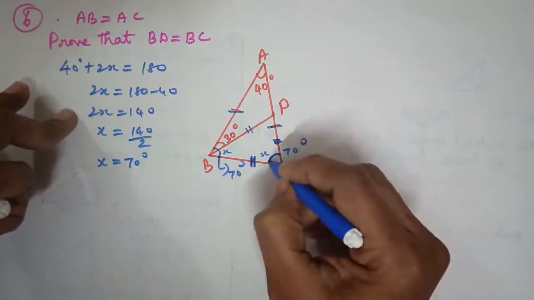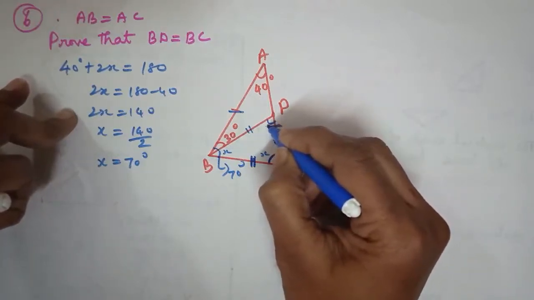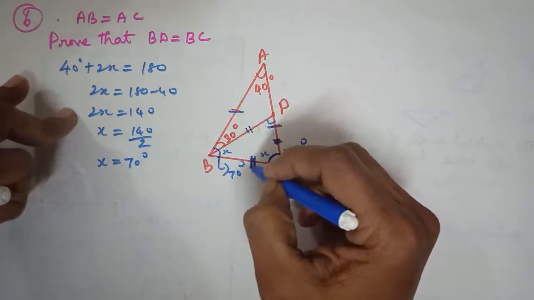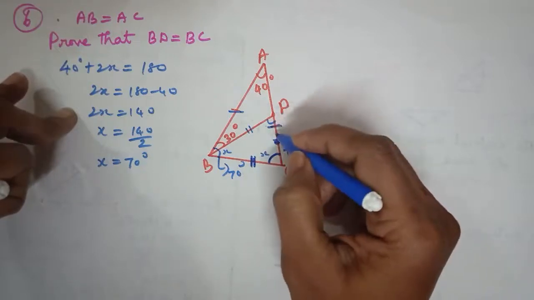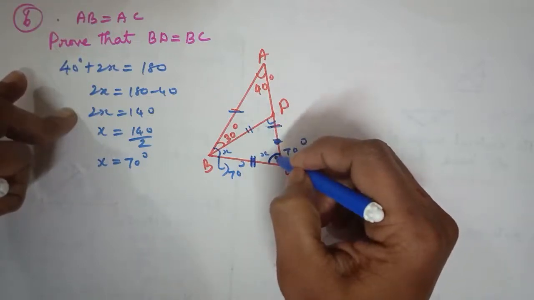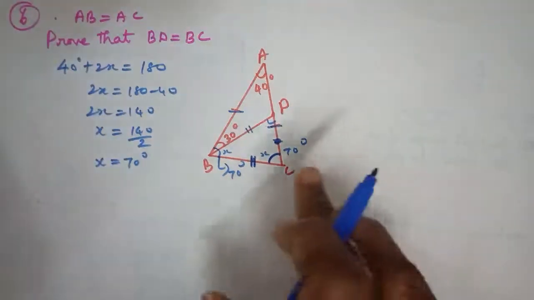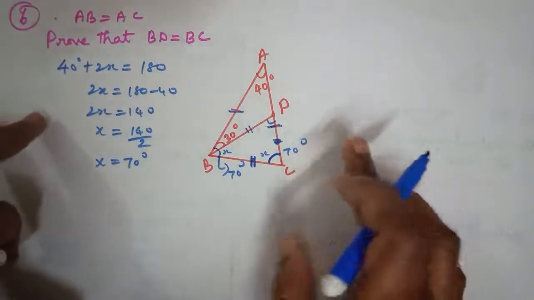So if this is 70 degrees, then this will be 70 degrees. If we prove this is 70 degrees, then we can say these two sides are equal, because the angles opposite equal sides in an isosceles triangle are equal.